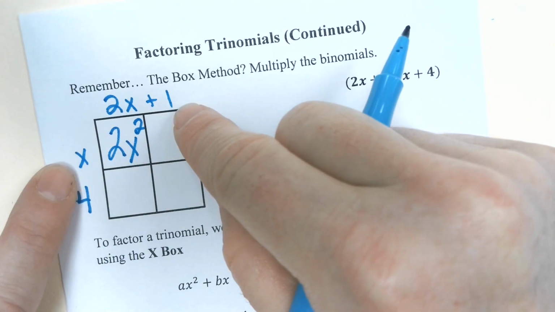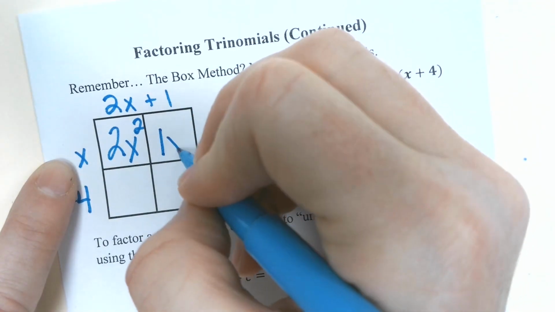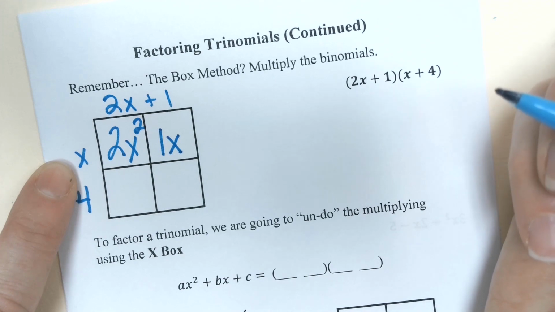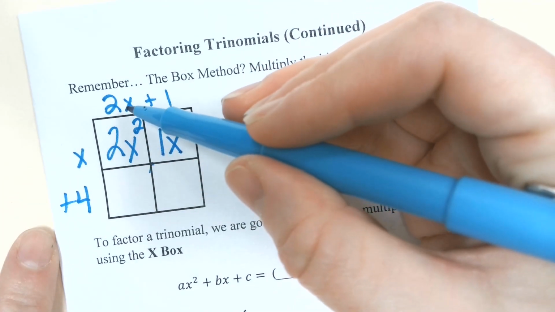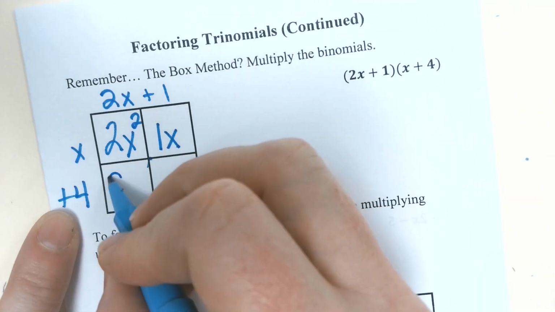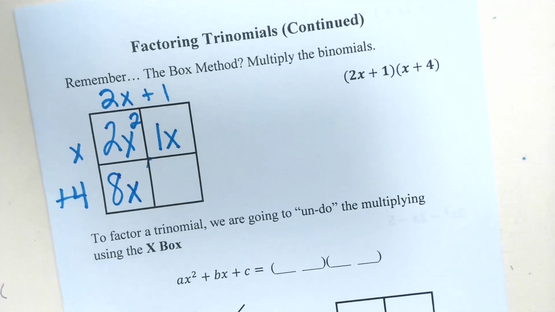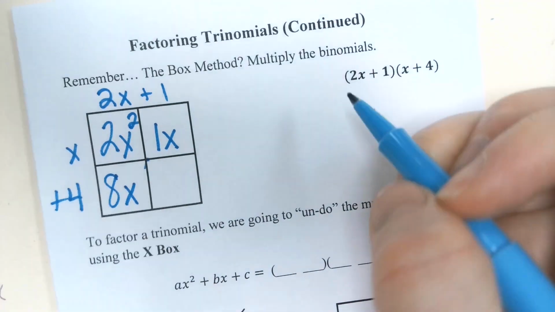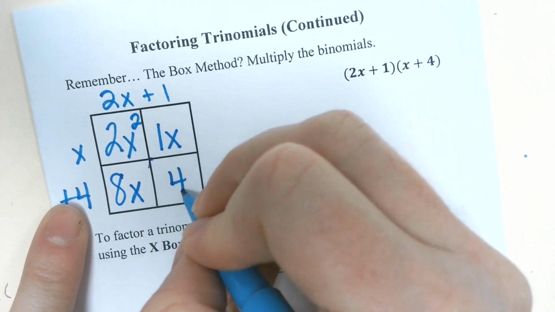Then we do 1 times x, 1x. 2x times 4. That means I'm going to do 2 times 4, which is 8, and then keep my x. And then 1 times 4 is 4.